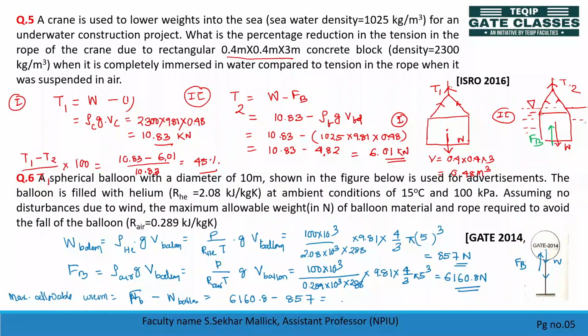Tell me its value. Is it coming 5303.6 Newton? So this is your maximum allowable weight, right? You can put on this balloon. So the tension must be equal to this one, 5303.6 Newton, to make this balloon in equilibrium. So this is your maximum allowable weight.